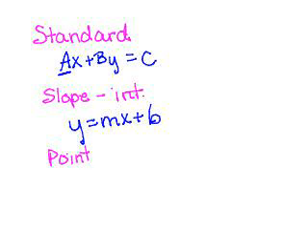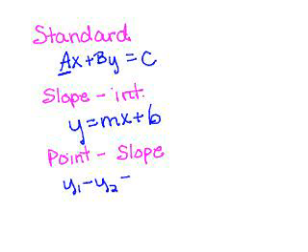That one, of course, is handy when you are given a point and the slope. Then you can just plug it into that. So point-slope form is y1 - y2 = m(x1 - x2), the slope times the difference in the x's. All right, so we have those three different forms that we work with.